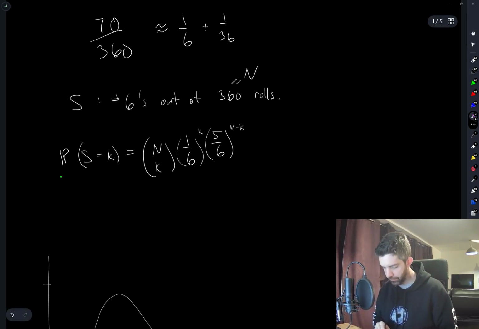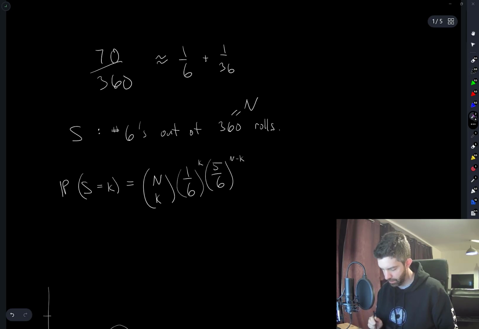So this will probably be S is equal to K. I hope that this is correct. We would have to add this up for K greater than or equal to 70, all the way up to 360. But I don't think that's really what is intended to do here.